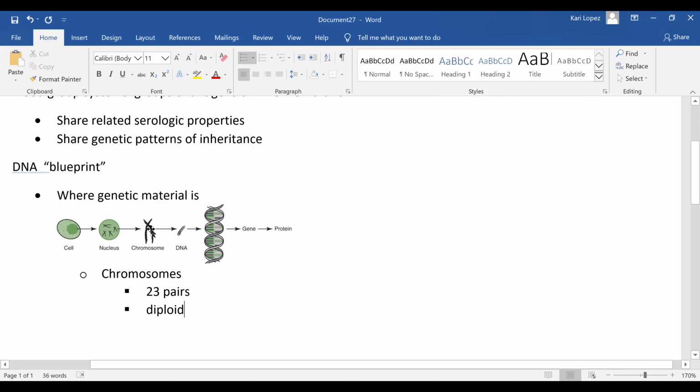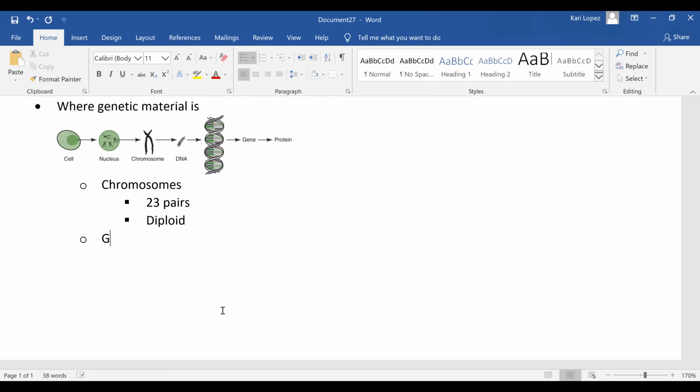And they're diploid, meaning they come in sets of 2. So there's two together. What does diploid mean? Diploid means that there's 2 together. So if you look here, there's 2 chromosomes together all the time.